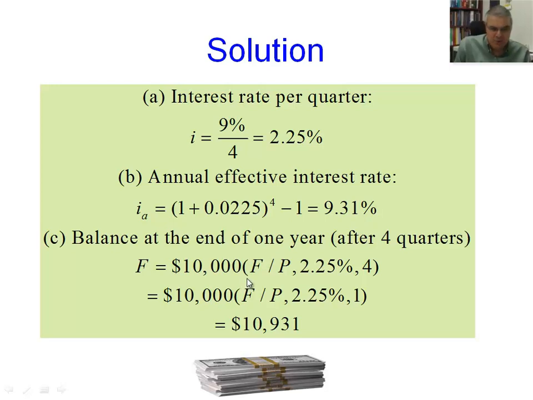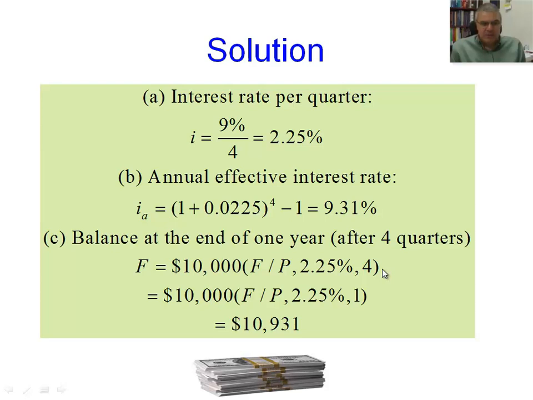So again, if you go to the back of your book, there are tables that give you the values for F given P at 2.25% interest and the number of times it is calculated. So it's important for you to be able to work with these formulas. It's a straightforward process, and I don't see the need to go over it in these lectures.